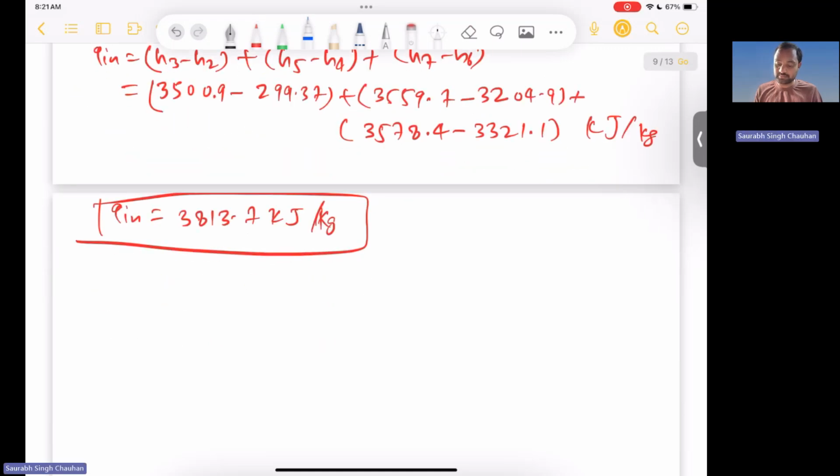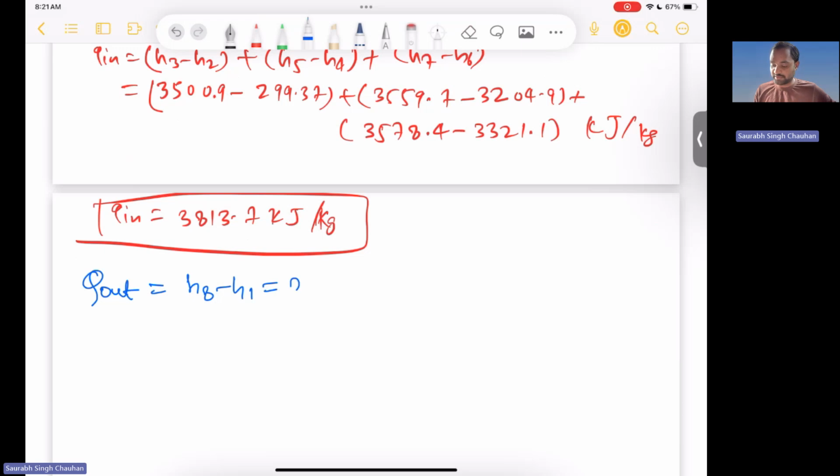And Q out, the heat rejection, that is from 8 to 1, right? Constant pressure heat rejection. So it will be H8 minus H1.